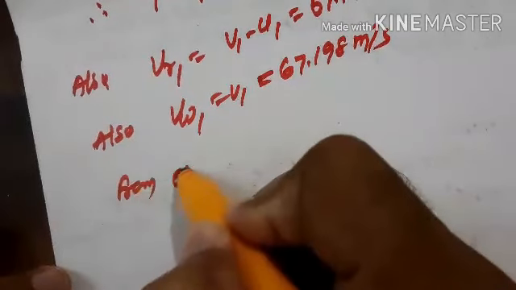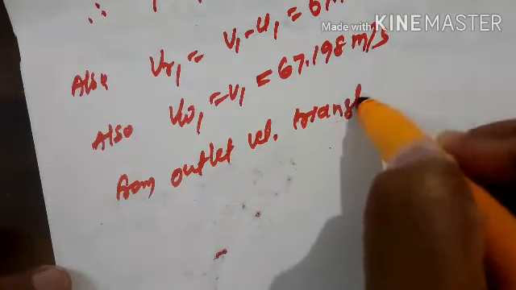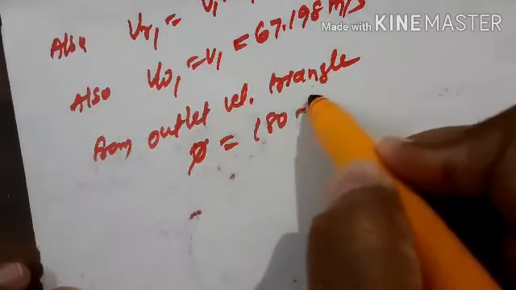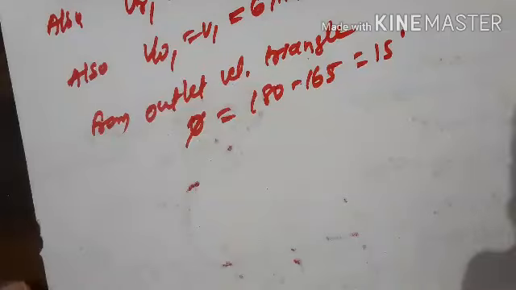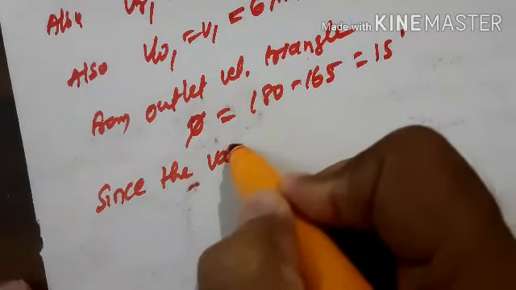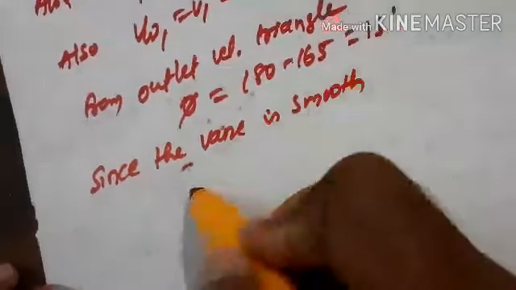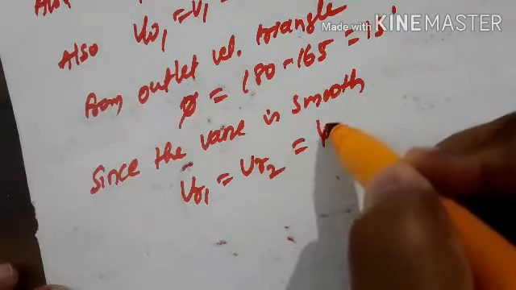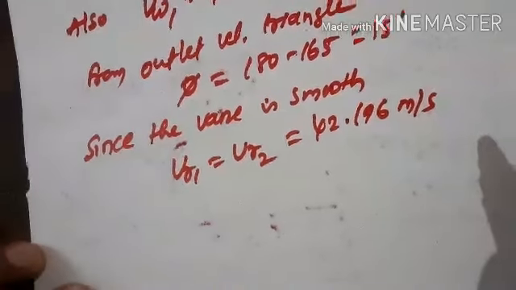Then from the outlet velocity triangle, the angle phi will be 180 minus 165, you get 15 degree. Since the vane is smooth, VR1 is equal to VR2 is equal to 42.196 meter per second.